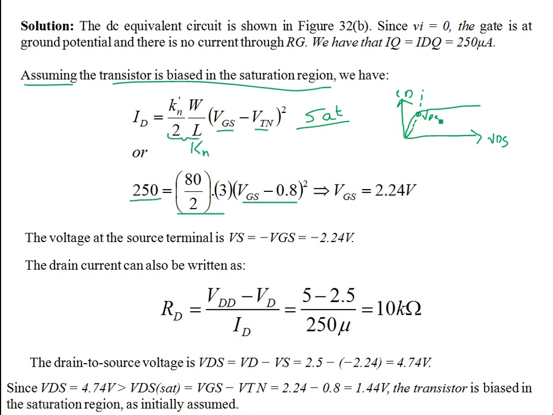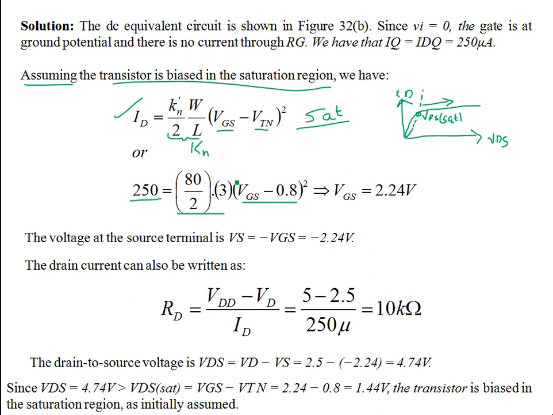If VDSQ is greater than VDS sat, then you are in the saturation region. As you keep on increasing VDS beyond this point, ID does not change. So you don't see the dependence of VDS on ID in this relationship. So we are assuming that, to start with, we are in the saturation region.